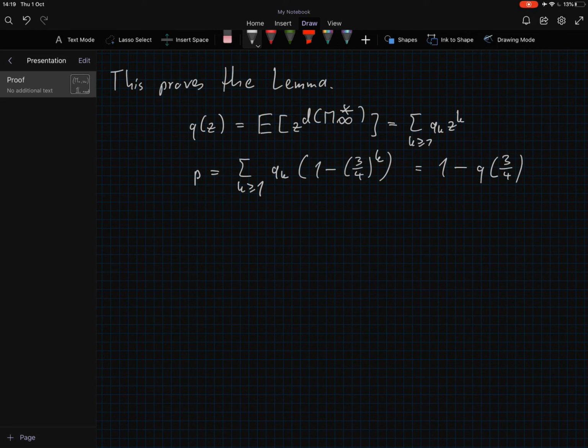Furthermore, the root degree of M infinity is given by the root degree of M infinity star plus the sum of the root degrees of the independent copies of MB. Hence, the generating function for the root degree of M infinity is given by Q of that times the generating function for the root degree of MB.